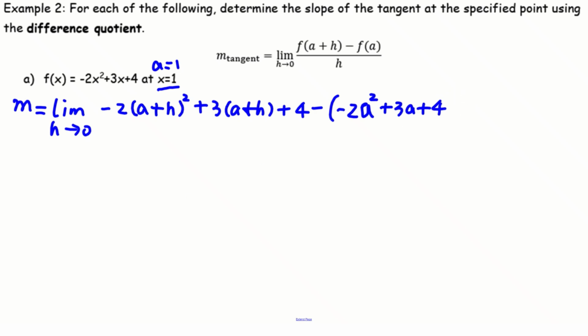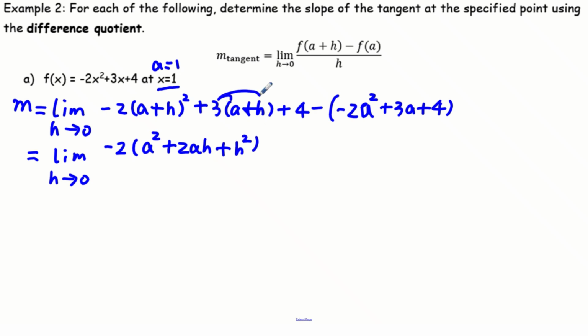Then we are going to expand a plus h. We are going to have the a squared, a plus h times a plus h. We have -2 bracket a squared plus 2ah plus h squared. Then the second one is 3 times a plus h, plus 3a plus 3h, then plus 4.